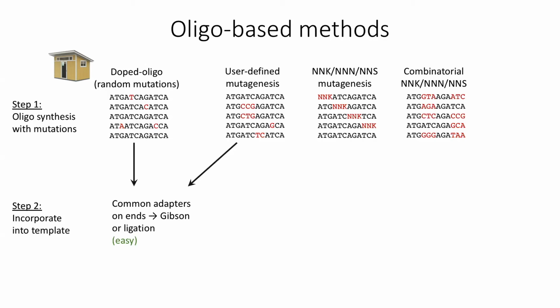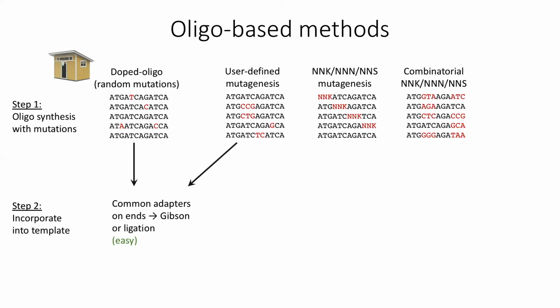And you do that across the whole region that you want to mutate. And so they send you 1 tube, and it's got a pool of an absurdly large number of molecules that are all different. And then typically, if you do this on a reasonably short region, you've got common adapter ends on the ends of your oligos, and you just Gibson it into your template, and that's a fairly easy step.